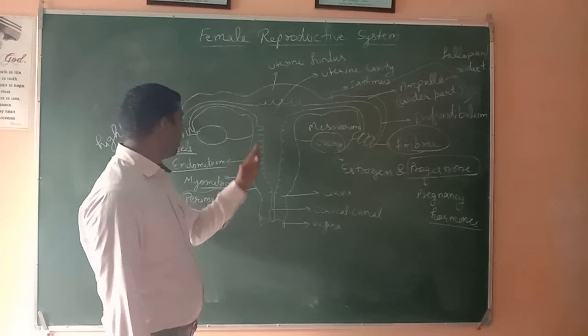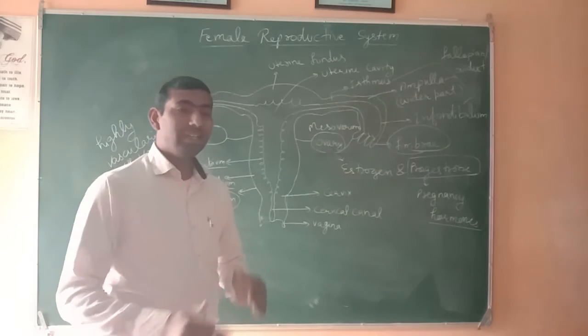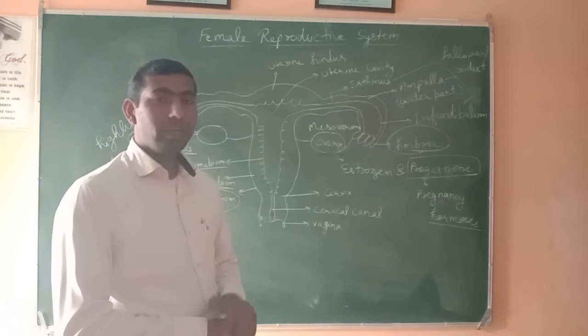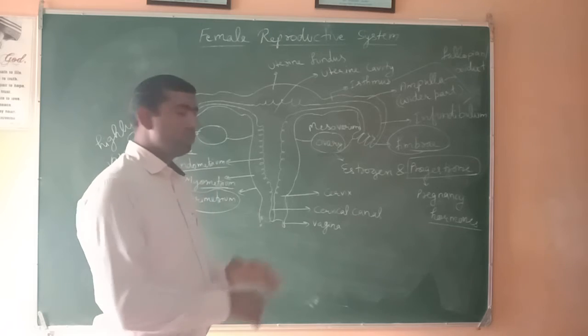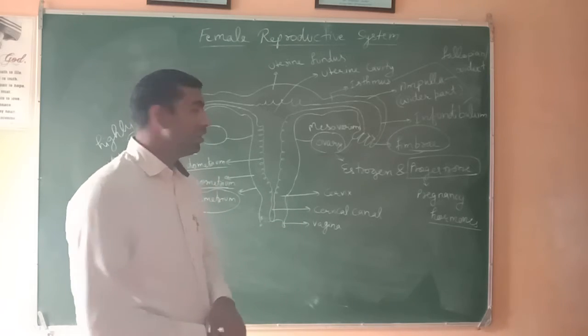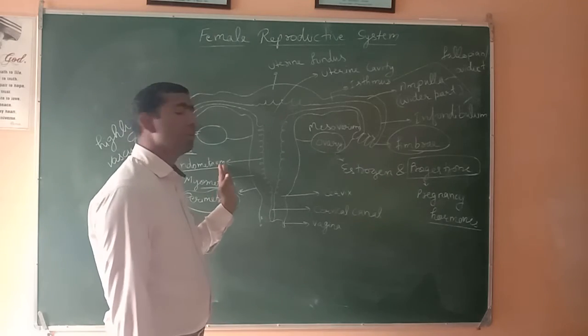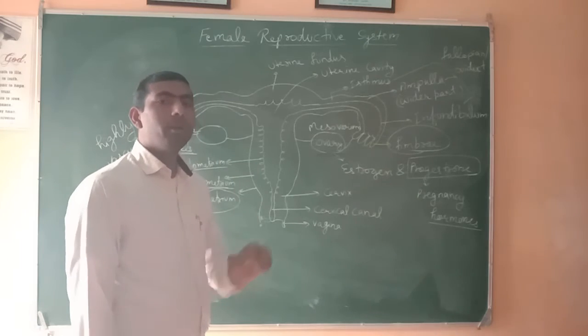And the endometrium wall ruptures during the menstrual cycle. The first menstrual cycle is known as menarche.